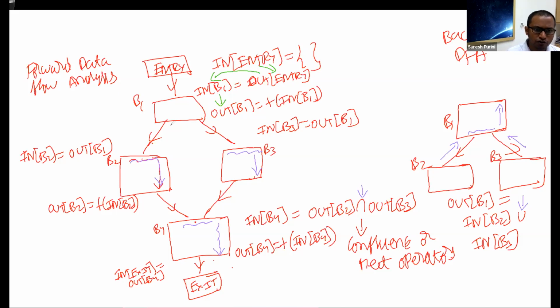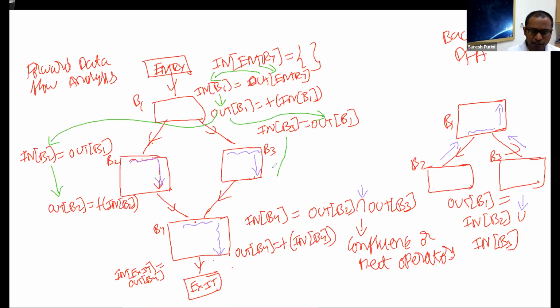And if we know out of B1, then this information propagates here, and this information propagates here. And then from in of B2, we can compute out of B2, and from in of B3, we can compute out of B3.